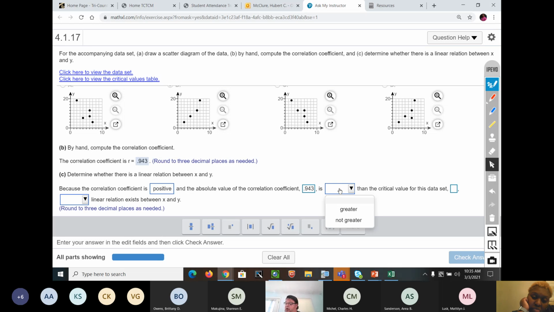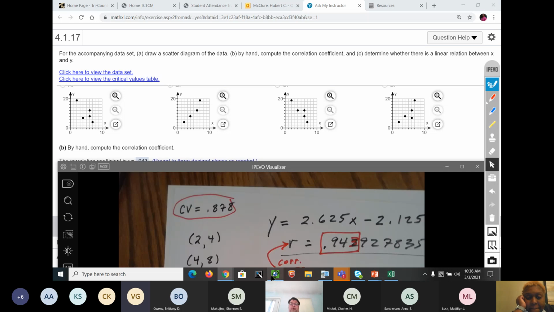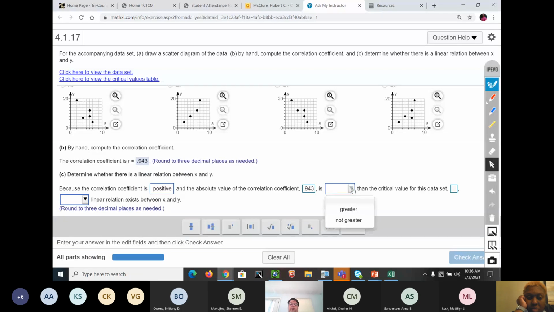Is it greater than our critical value, yes or no? Yes. It's greater than the critical value, so you put more than the critical value, 0.878. If it's more than, then a positive linear relationship exists.